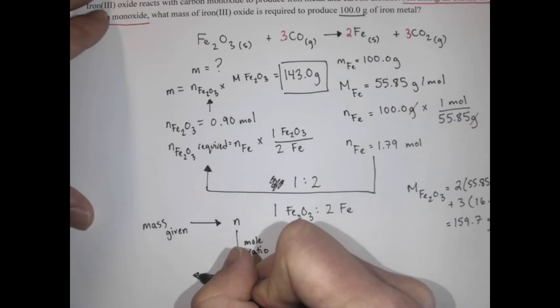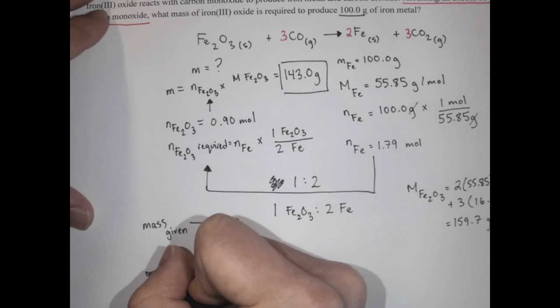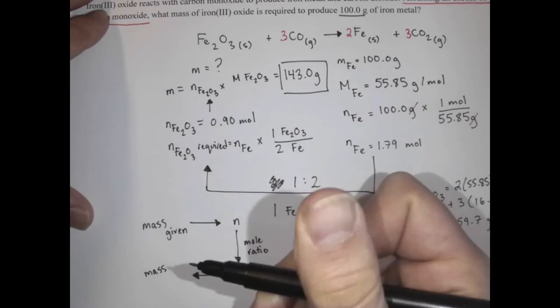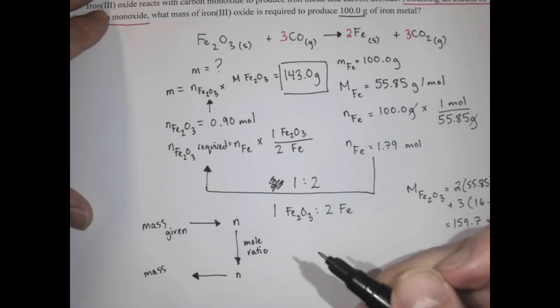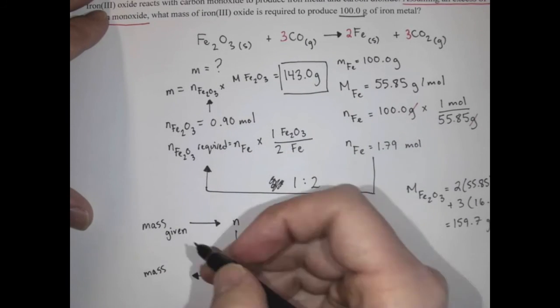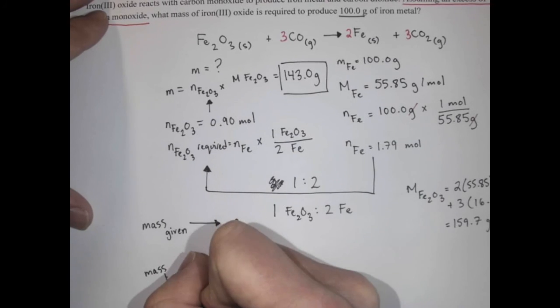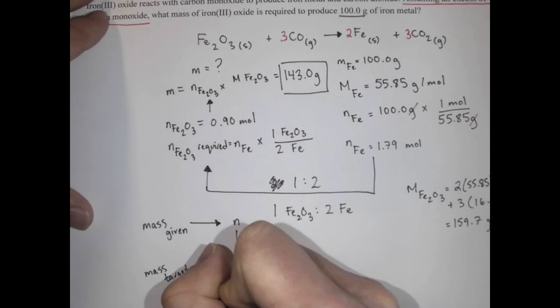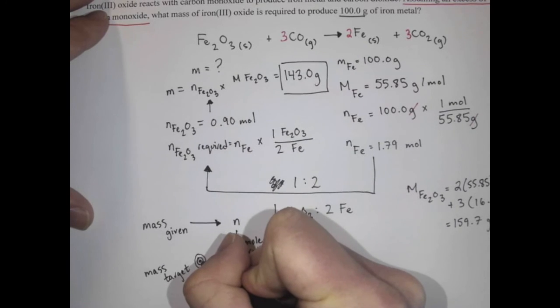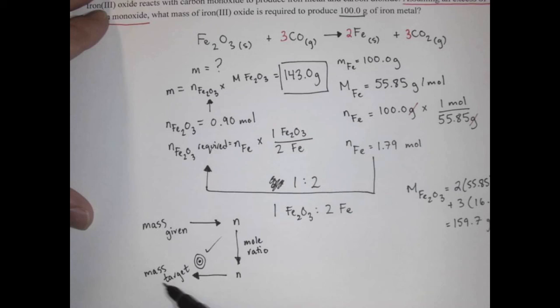And then you take those moles of the thing you're looking for and turn it into the mass of the thing you're looking for. So the mass of given turning into the mass of the, I don't know, let's call it target. There you go. Check. So this is a very common strategy.